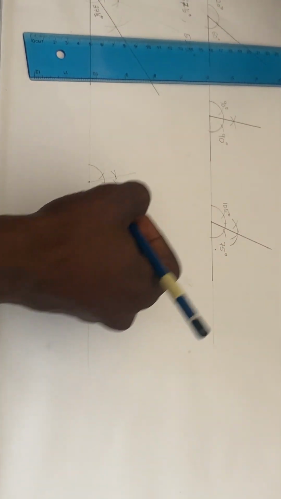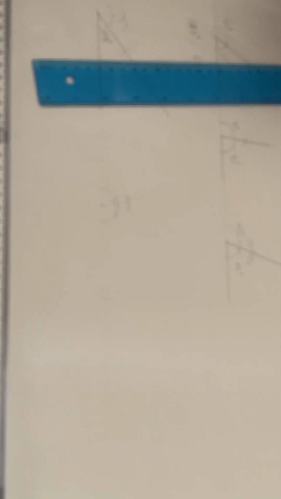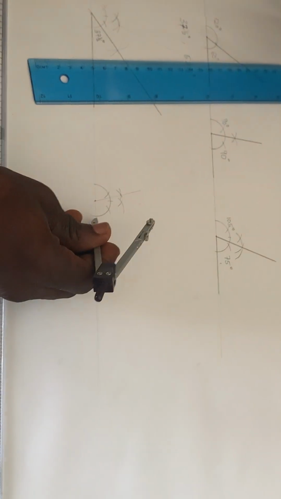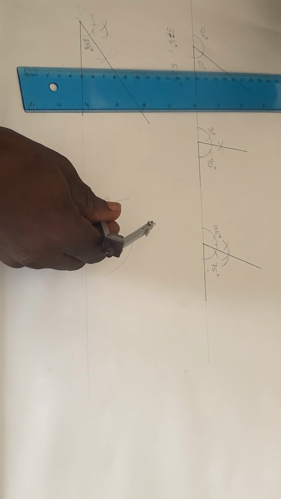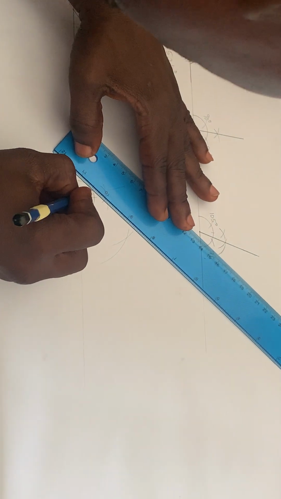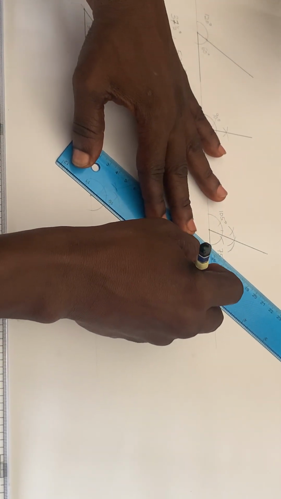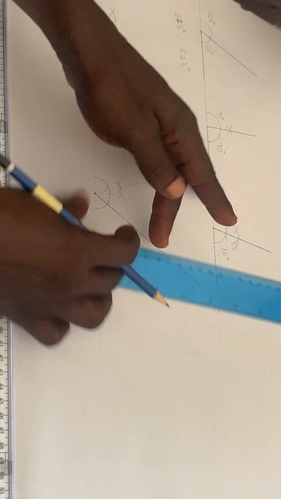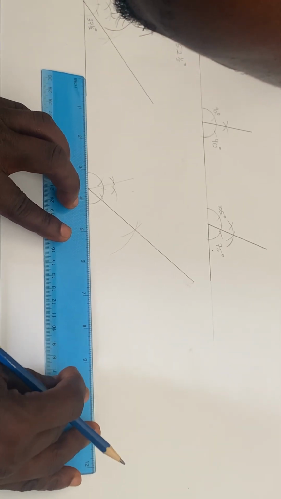So I will bisect 105. You get it? Yes, 75. Yes, now 105. So I will bisect my 105. If I join, then I will be approximately 52 and a half. If I want to make it stick.